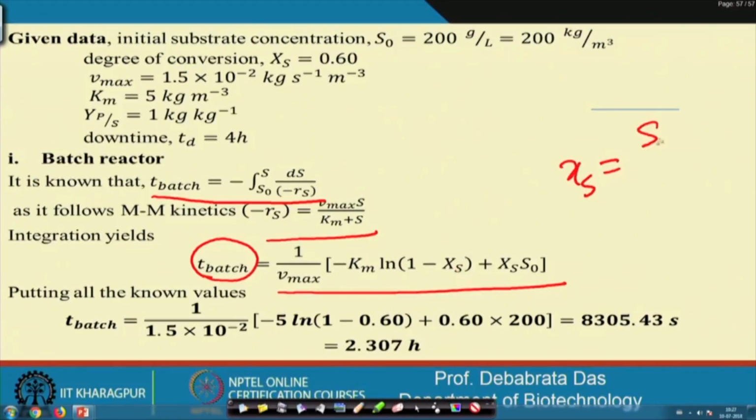Xs equals S0 minus S by S0. Here 60% is converted, so this is 0.6. We can put it here, then we can find out how much time is required for the batch process. We can easily calculate that.